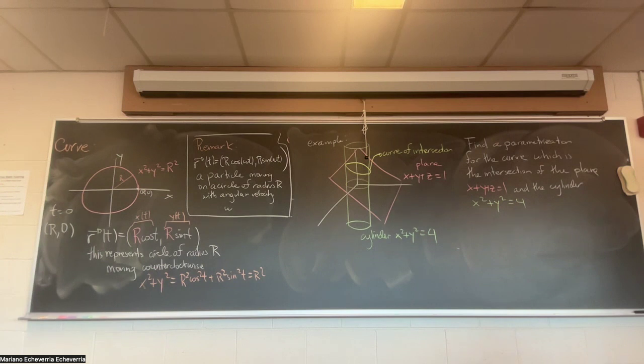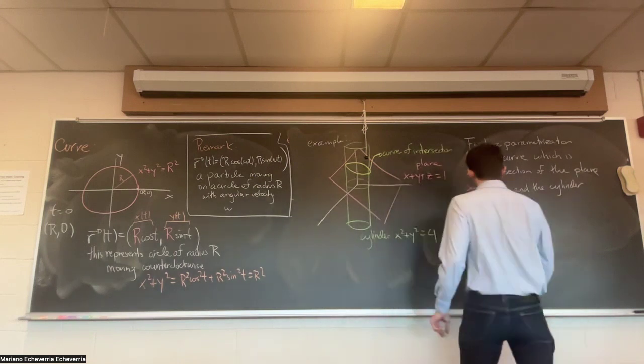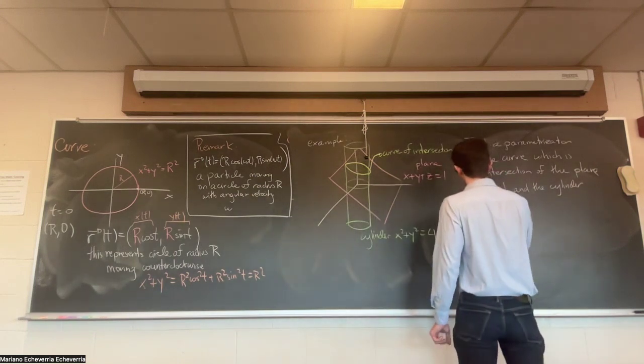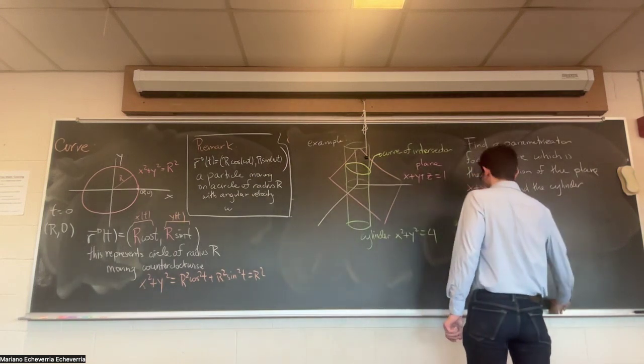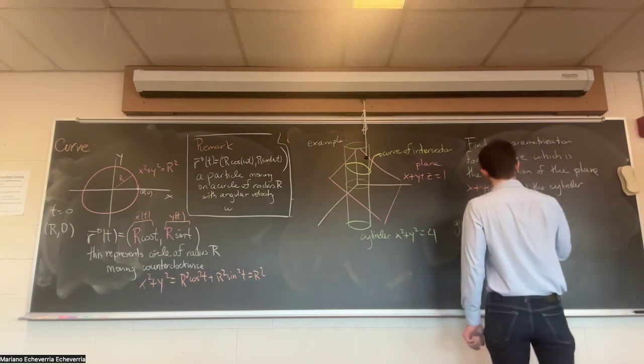Again, what does it mean to parameterize the curve? What that means is that you want to write x, y, and z as functions of t. That's the goal here.